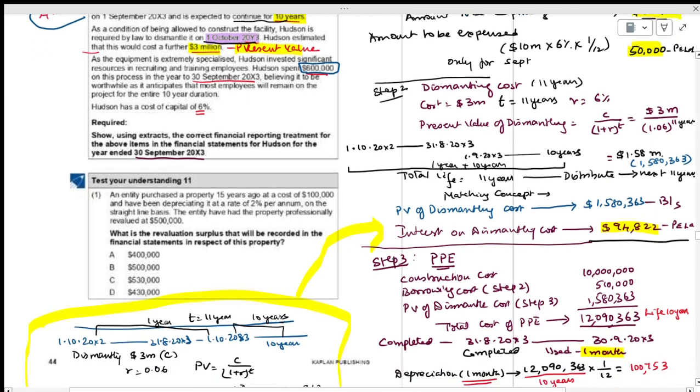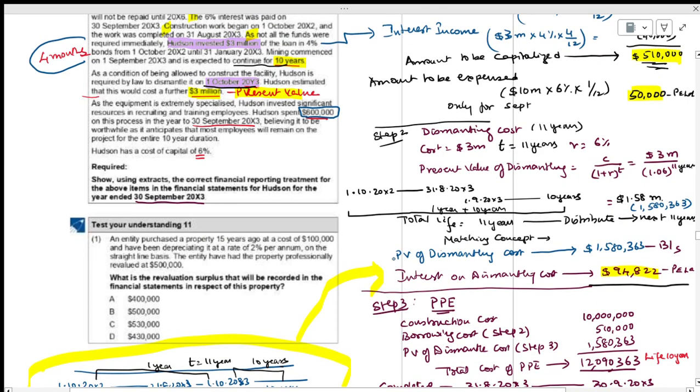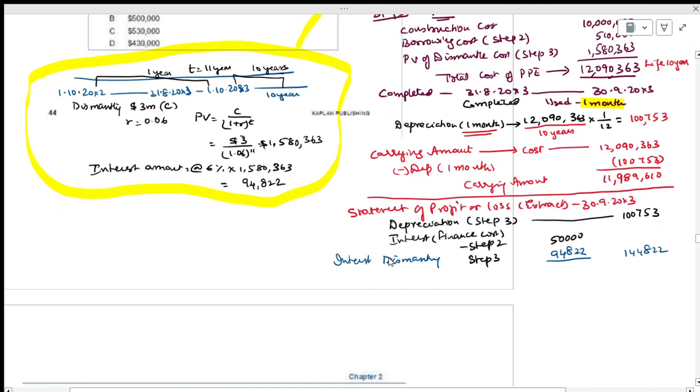We are showing it in the profit and loss account as recruitment and training, 600. Okay, this much we have to show.